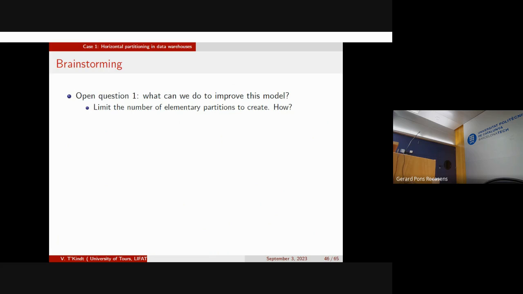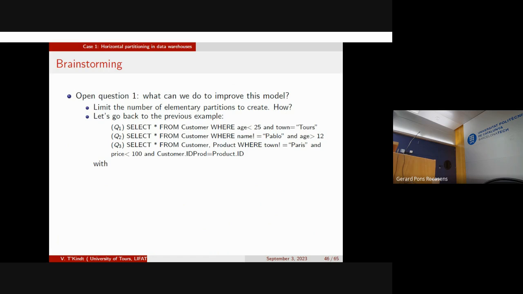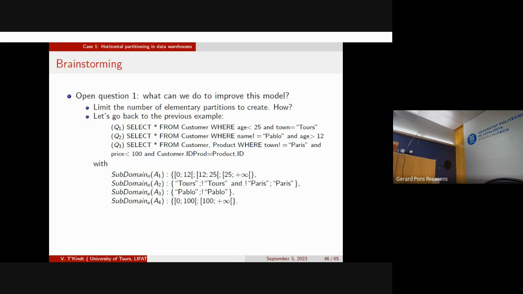Limit the number of elementary partitions to create. Yeah, that's a good idea. If we limit the number of elementary partitions, we decrease the size of the IP formulation, and so we increase the chance that the solver is able to solve the model. So we could say, look at the name Pablo. We just want to ask in the queries that the name is not Pablo.